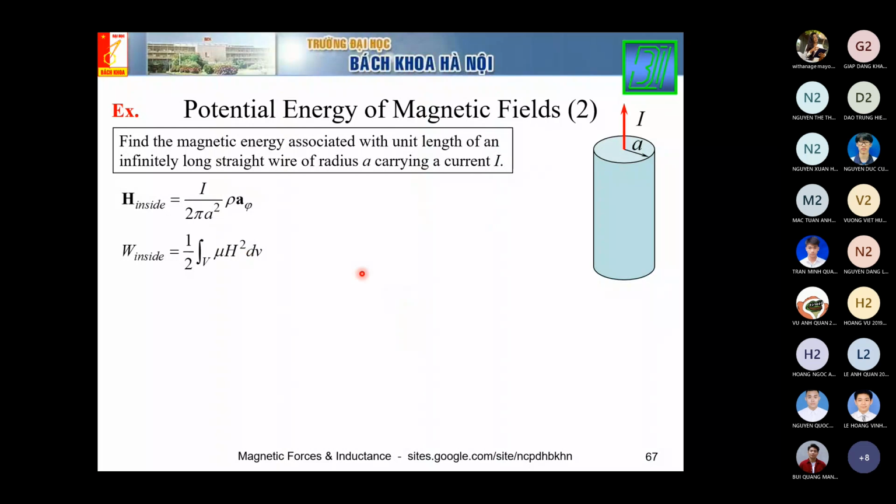In this formula, we have to find the energy stored in a unit length, meaning that we can take the length of this conductor from 0 to 1 meter, for example. This is the expansion of a very small volume, and because the length of the volume is fixed and nothing changes along the axis of this cylinder, we take the integration with respect to the radius only, and here we are.